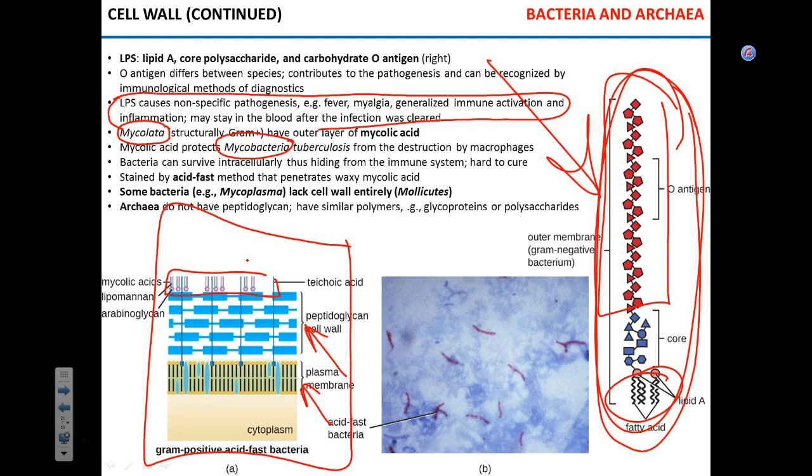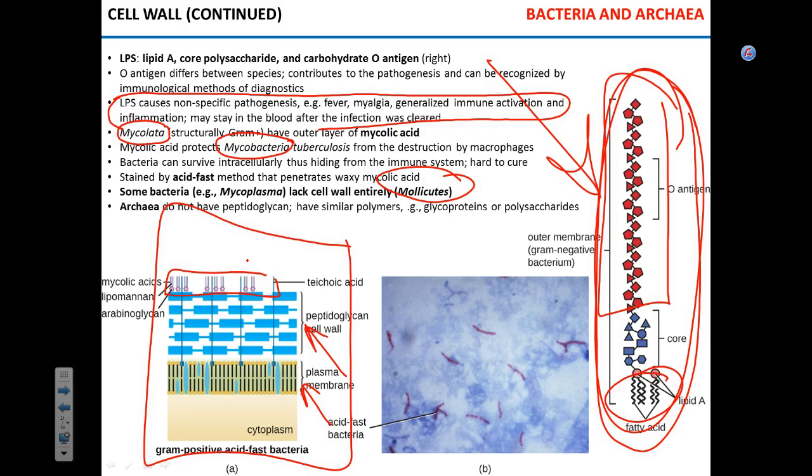Actually, some microorganisms lack the cell wall in its entirety. We call those mollicutes. Microorganisms like mycoplasma. Have you heard the name mycoplasma? Okay. Have you heard of walking pneumonia? That's mycoplasma pneumonia. So mycoplasma do not have a cell wall, which means the shape changes all the time.